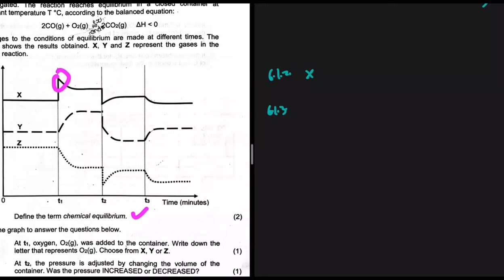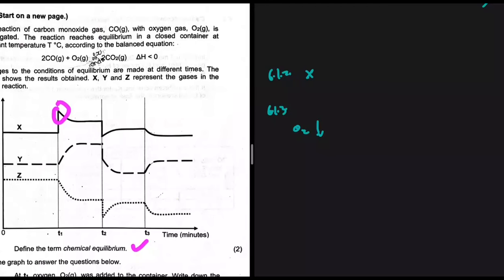So let's take a look at T2. At T2, X goes down, right? So O2 goes down at T2. And then we have one other substance, Y, that goes down, and Z that goes up. So we are told that the change that was made is with regards to pressure, right?